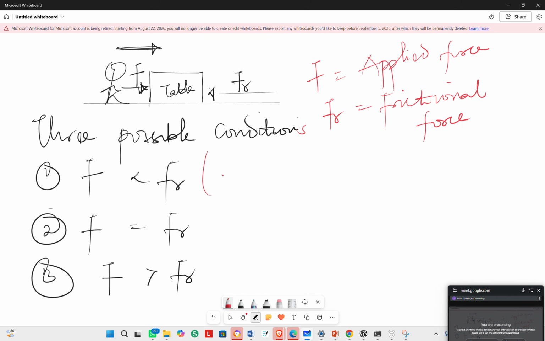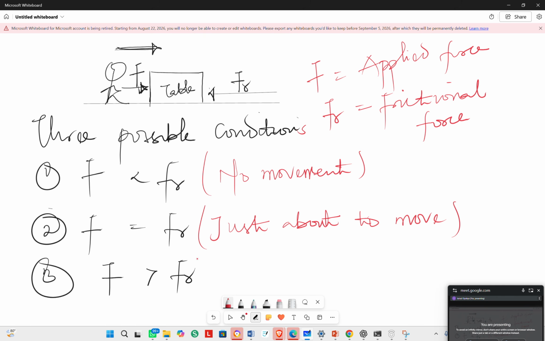So in this place now, you expect no movement. Here you expect just about to move, and then here you expect move definitely.